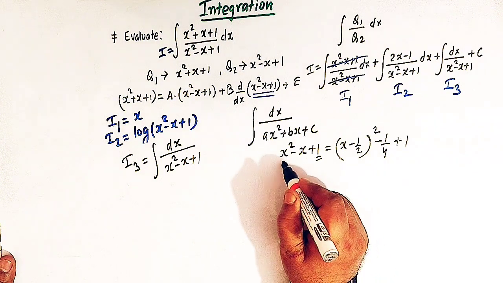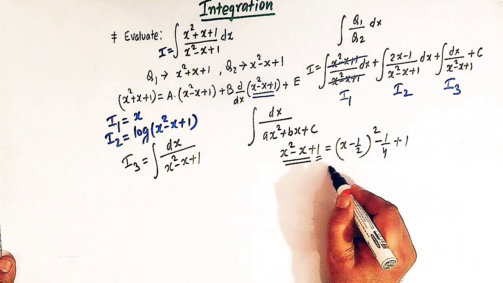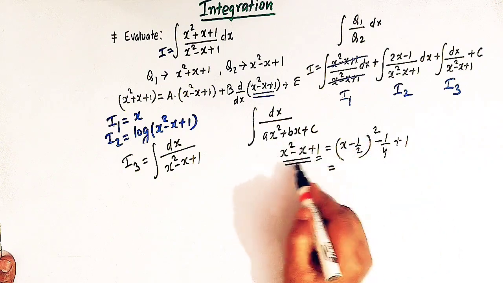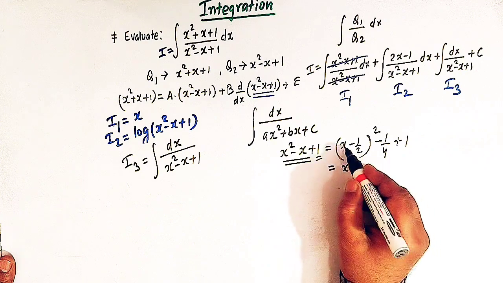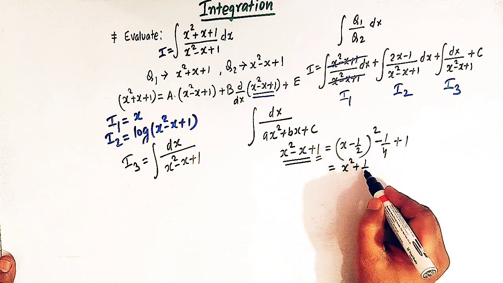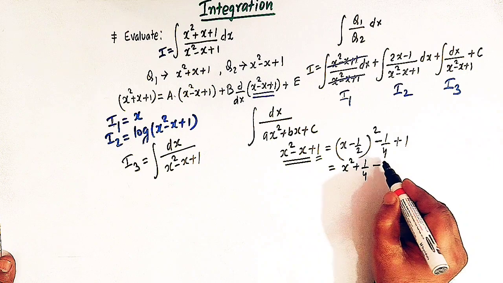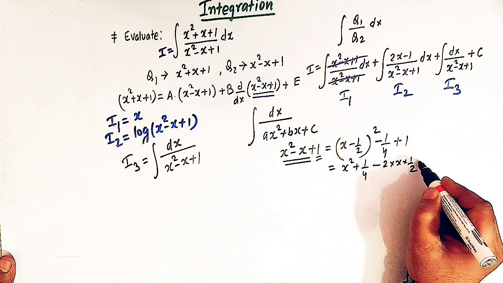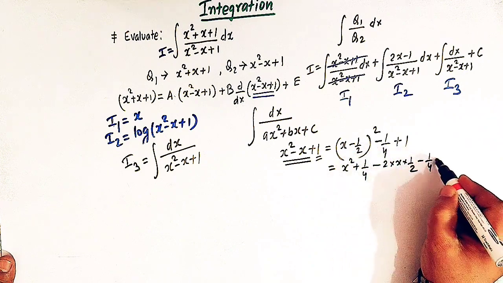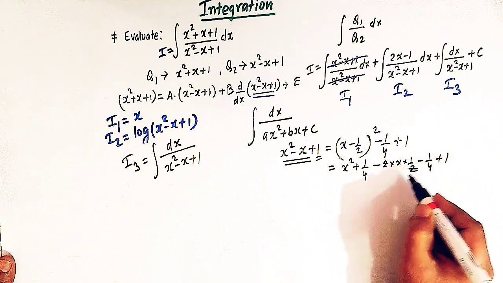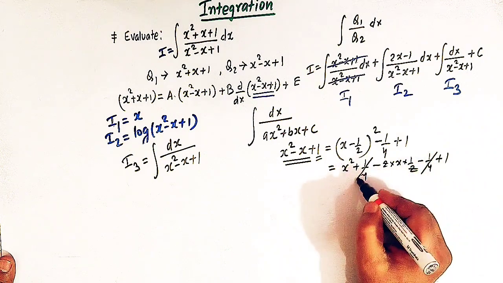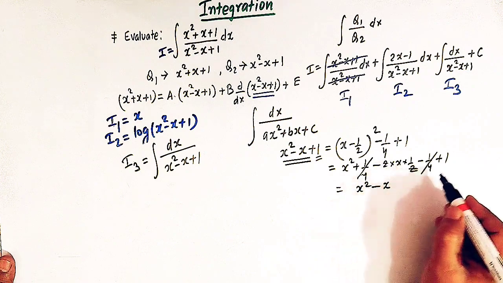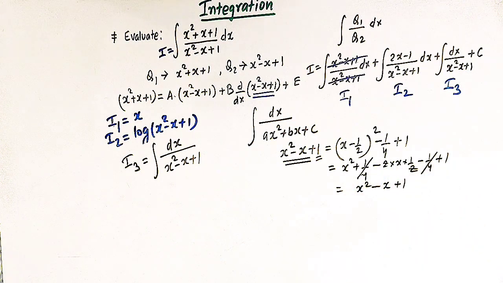So we have expressed this term like this because when we expand x minus half square, we'll get this term, because here we have, say, a square, then we have b square, then we have 2ab. 2ab is 2 times x times half, and here we have minus 1 by 4, then we have 1. So 2 and 2 get cancelled, 1 by 4, 1 by 4 get cancelled. So we are left with x square minus x plus 1, right?